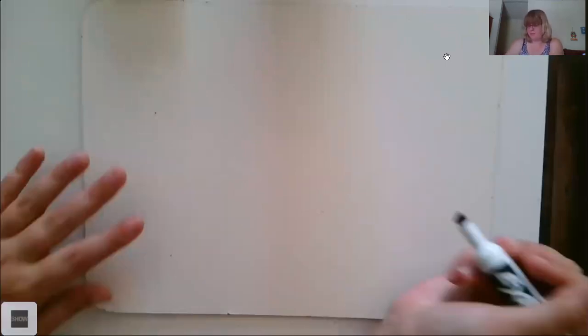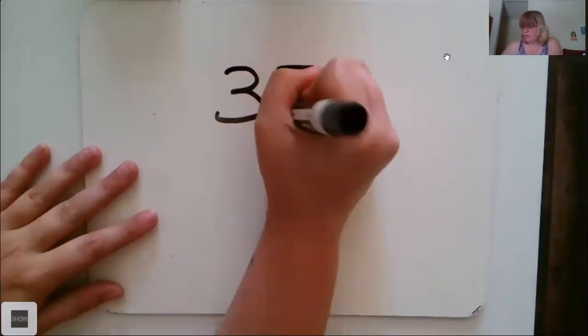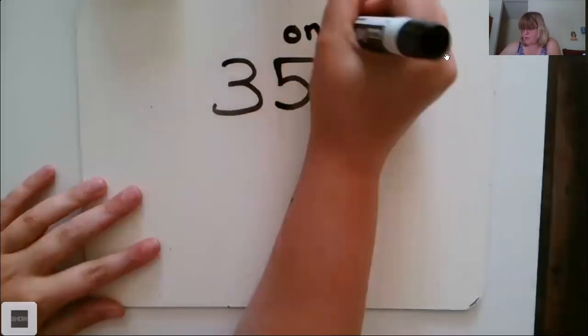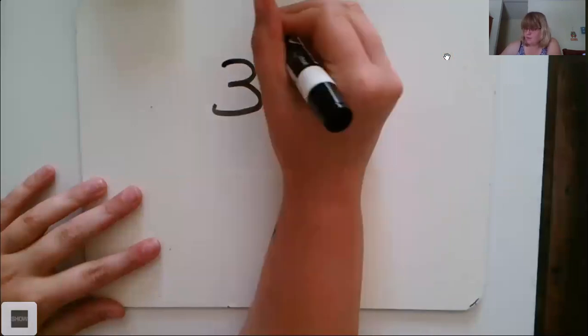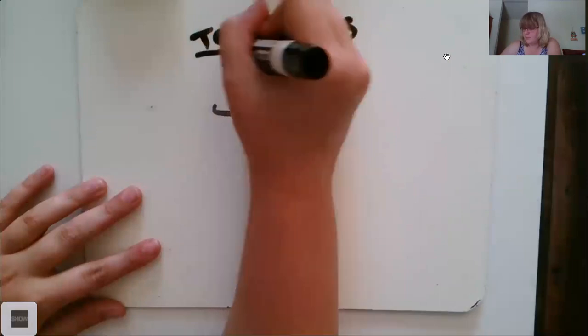When we're subtracting tens, we are working on the tens place when we're thinking of a number's place value. So if I had the number 35, you might remember that this 5 is in the ones place, and our 3 is in the tens place.